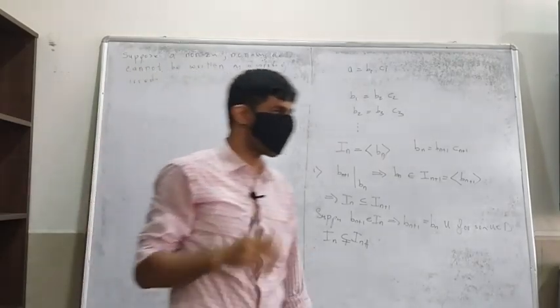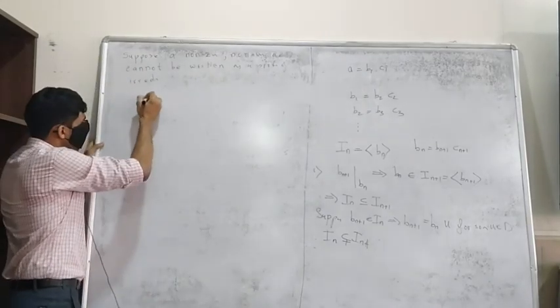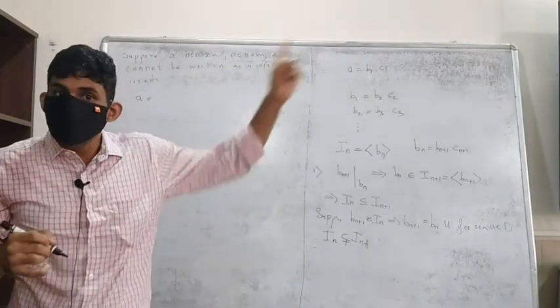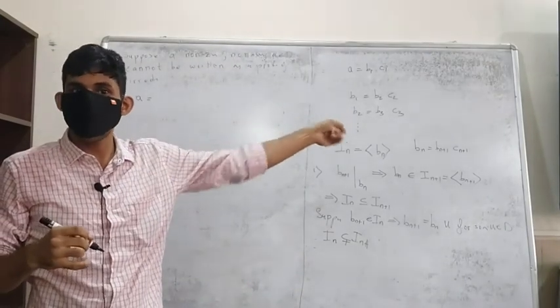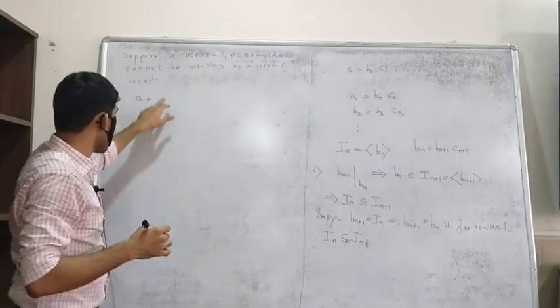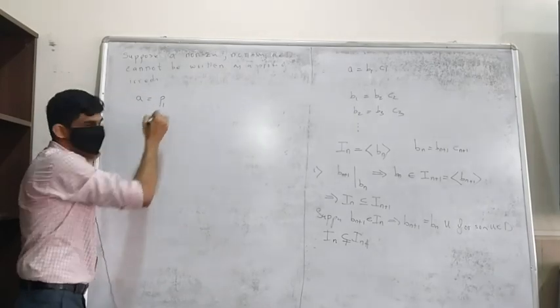Now notice here you start with A. It cannot be written as a product of irreducibles, but by the previous proof we know that it has an irreducible divisor.